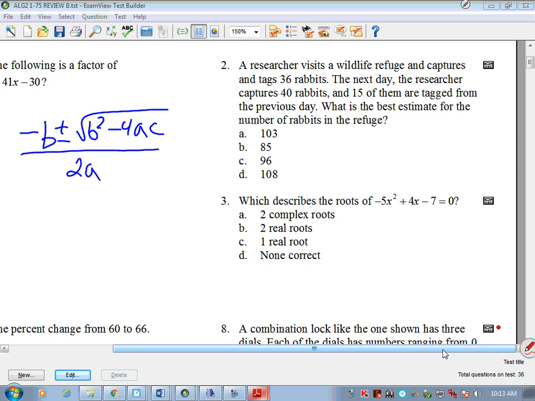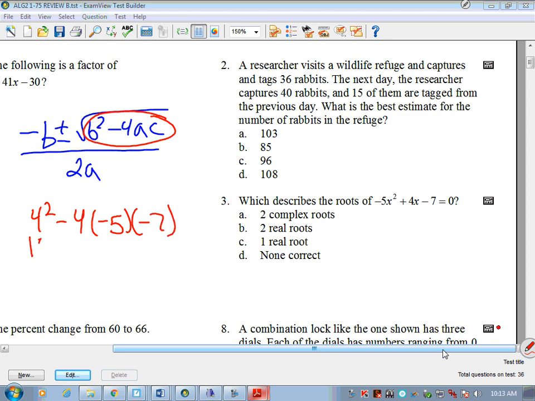But finding the discriminant means that I'm only doing this portion. Okay? So that means that I'm going to take 4 squared minus 4 times negative 5 times negative 7. Okay, and I'm going to get an answer out of that.